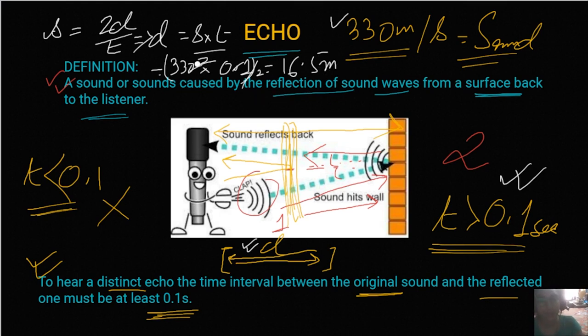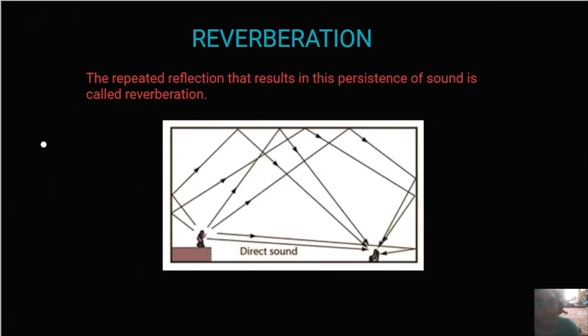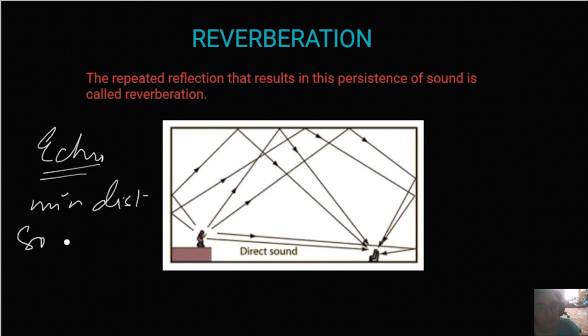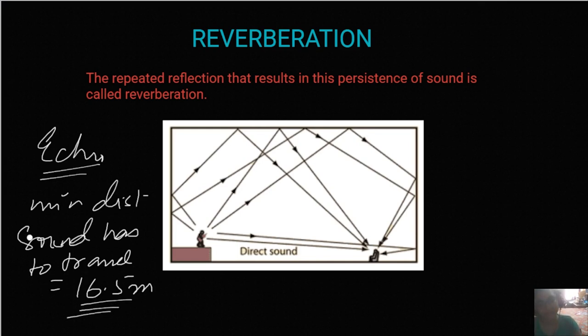So basically for an echo to be heard, the minimum distance that the sound has to travel is 16.5 meter. Okay. Or you can say that for an echo to be heard, it should be heard after a minimum time interval of 0.1 seconds. Okay. So now that we have understood the concept of echo, let's go over reverberation.